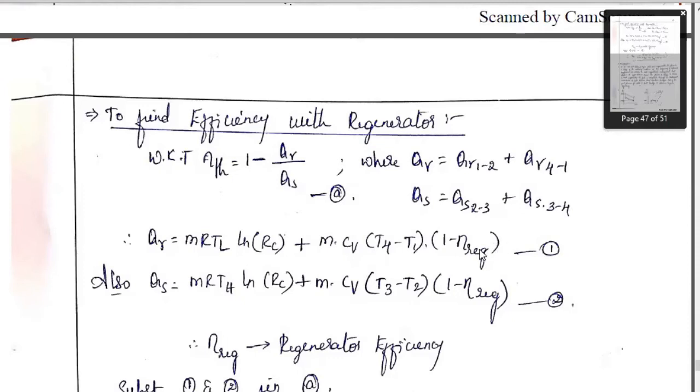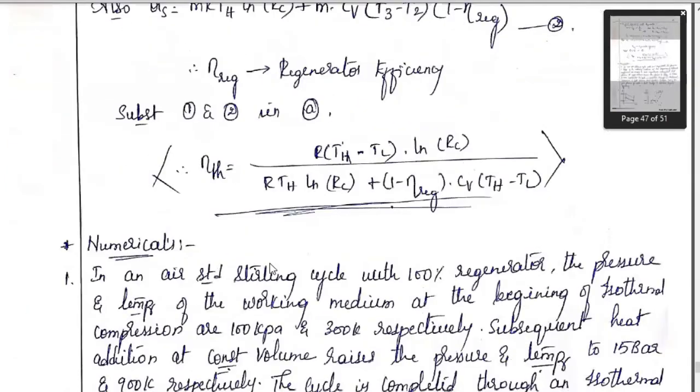Because when I consider the constant volume condition, in that constant volume process, there will be work done by the regenerator also. So that's why I take out the regenerator efficiency by writing 1 minus regenerator efficiency. Even for QS, MRTH ln of RC plus MCV(T3 minus T2)(1 minus regenerator efficiency). Considering equations 1 and 2, substituting, we finally get the thermal efficiency as this.